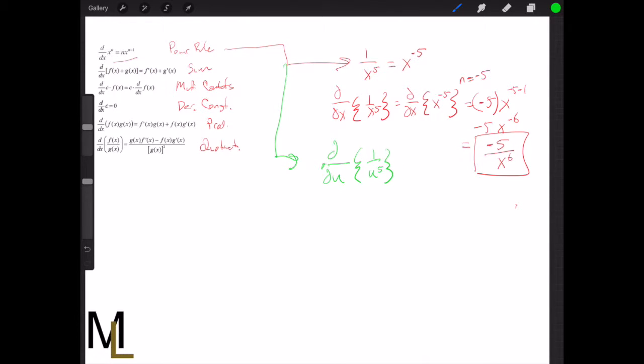So it looks different, but really you still follow the same rules that are up here. Just now, instead of x equals u. So you can go ahead and just rewrite this problem as d over dx, 1 over x to the 5th. And then you solve it the same way that we did above. But now at the end, you got to make sure you convert it back to u. So again, don't be tricked by that stuff.